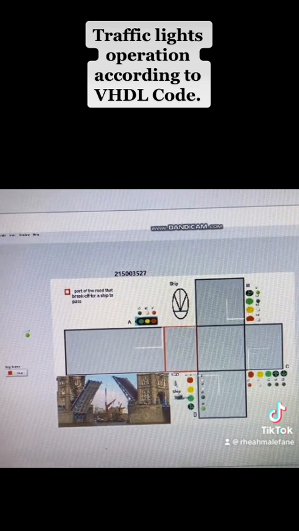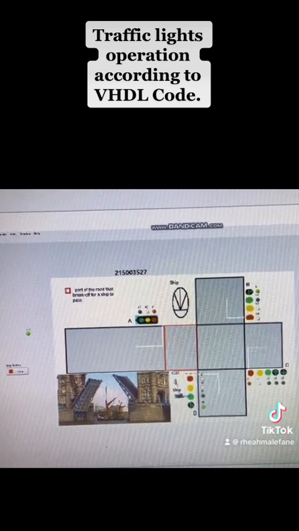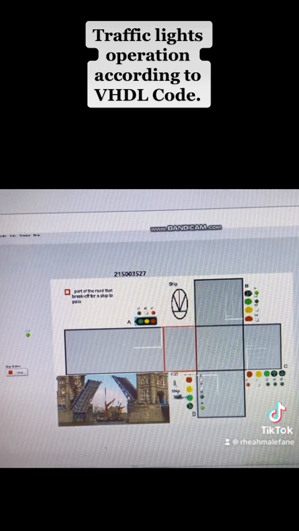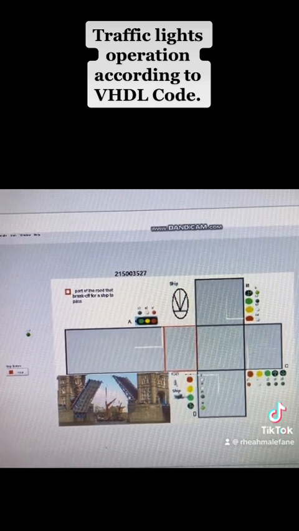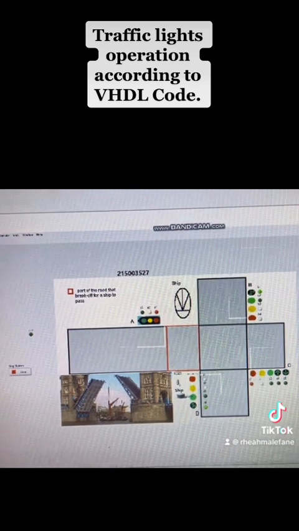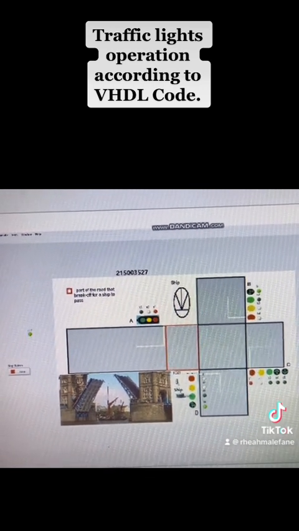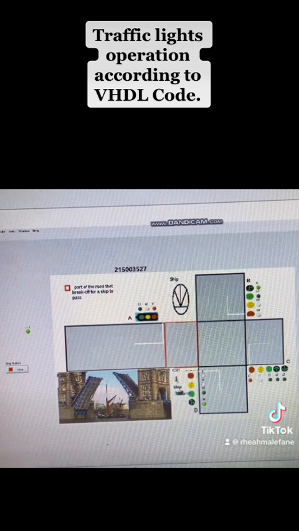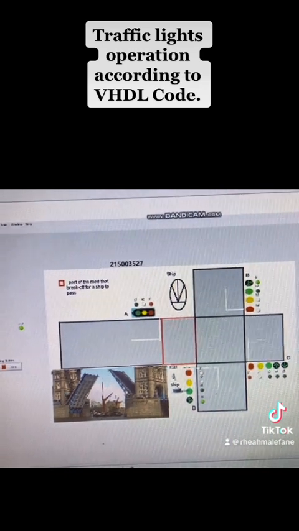Like I said, when D4 and B1 are high, A1 and C1 will remain the same. Therefore, they will remain high since the ship is passing under the bridge.